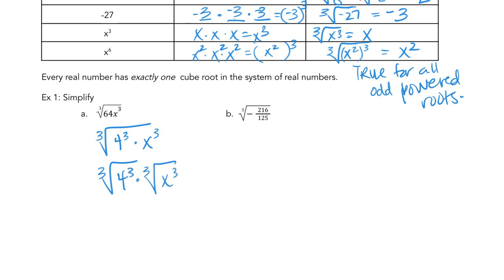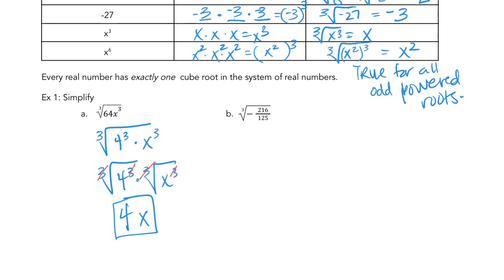You can break this apart and evaluate each of the number bits or the pieces separately. And so the cube root of 4 cubed, the cube root and the cube sort of cancel each other out and we're left with 4. And then the cube root of x cubed, the cube root and the power of 3 cancel each other out. And so that's just x. And so your answer here would be 4x.